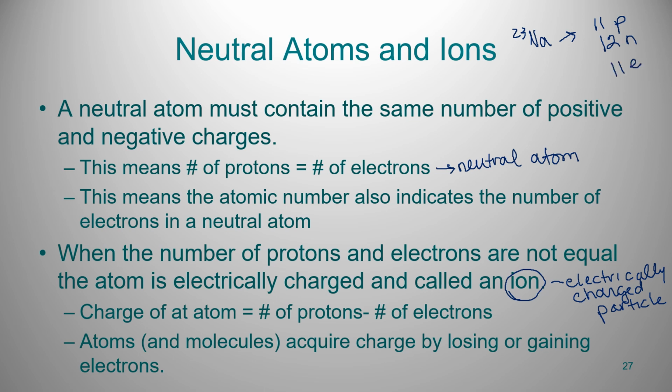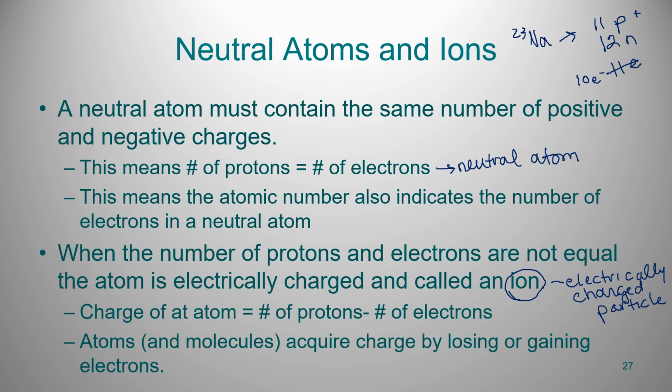If something happened and one of these electrons got lost, which we'll talk about in a minute, now the number of electrons goes down. Now the protons and electrons aren't equal to each other anymore. Since protons are positive and electrons are negative, since there's one more proton than electron, this particle will become a positively charged particle because it has an extra proton.